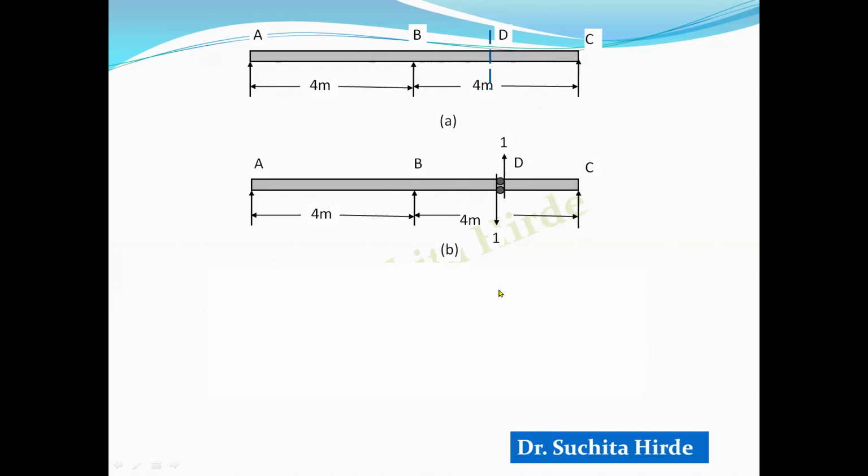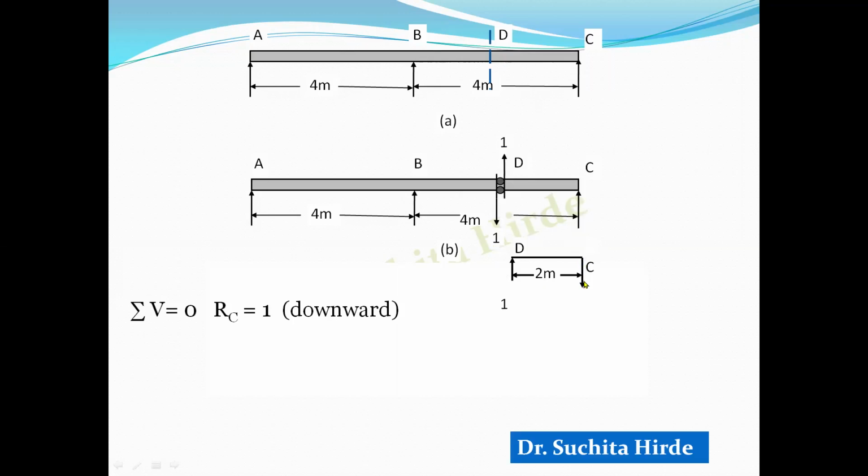For that, first of all, we will draw a free body diagram of part DC. When we apply summation of vertical forces equal to 0 to this part DC, we get reaction at C is equal to 1. Because this is upward 1, we will get reaction at C equal to 1 in downward direction.